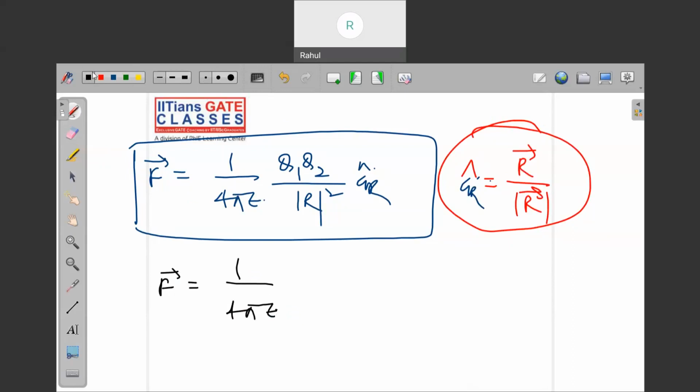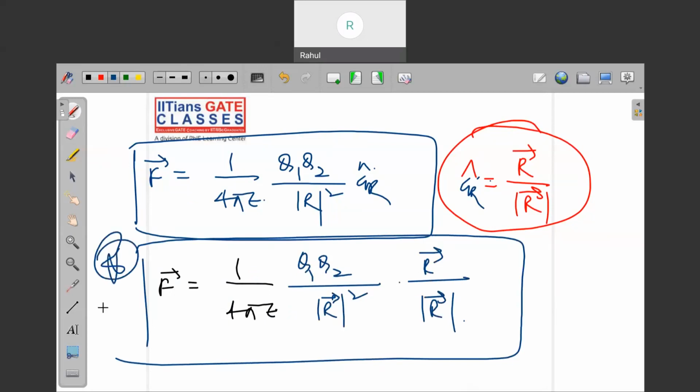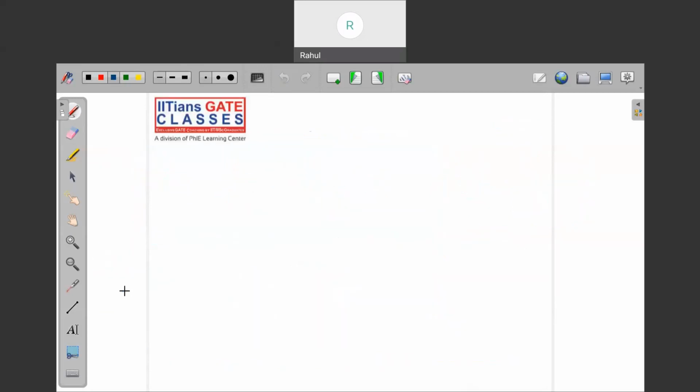If epsilon r is not given, then you can consider epsilon naught, and you know the value of epsilon naught, that is 10 raised to power minus 9 upon 36 pi, times q1 q2 upon r vector square dot r vector upon this. In general you have to keep this in mind. We'll solve few problems, so you will understand how we apply Coulomb's law. Very quickly we can do.